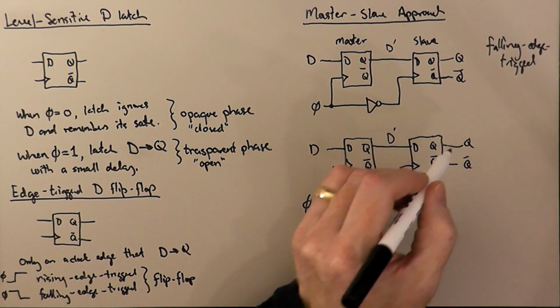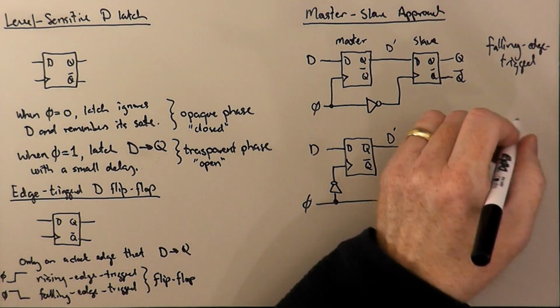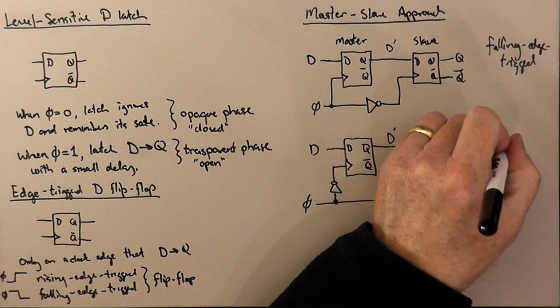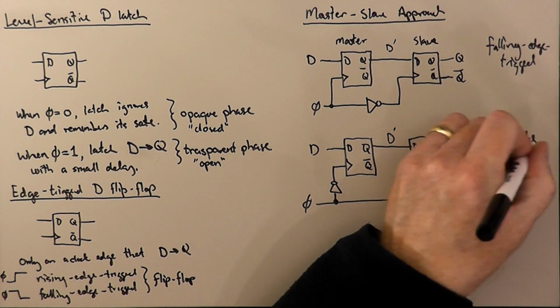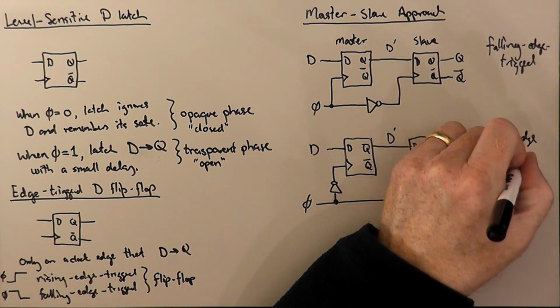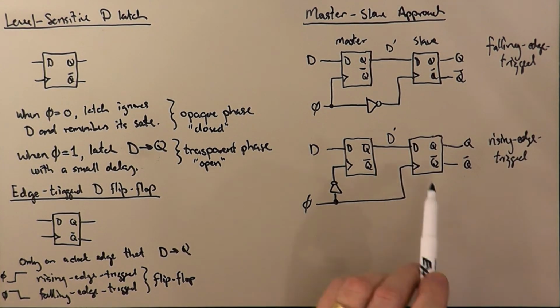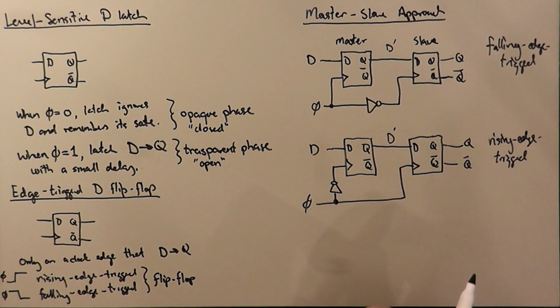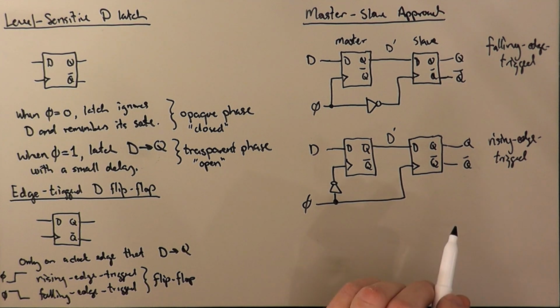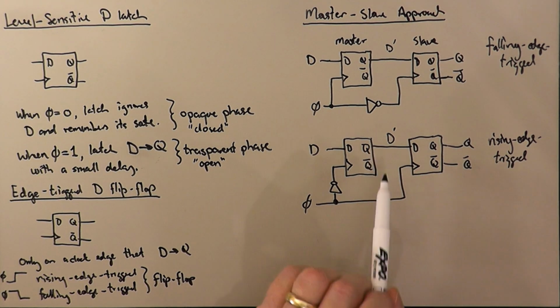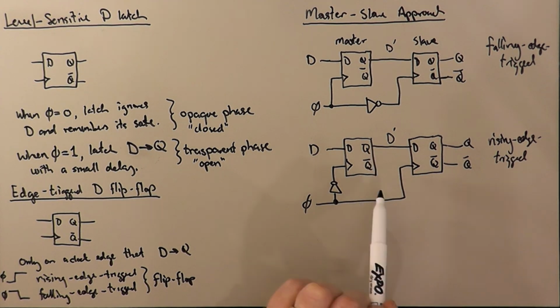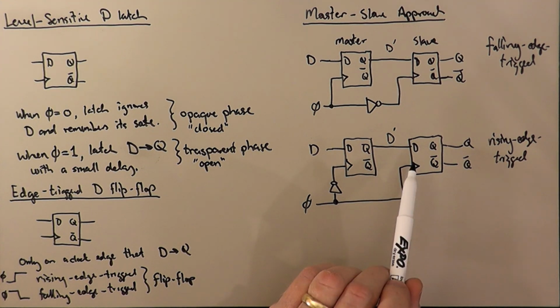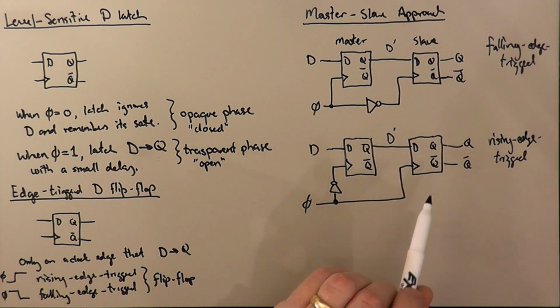And so it's at the rising edge of phi that D is going to be propagated to Q. And so basically from two transparent latches with a suitable clock inversion, we can actually make an edge-triggered flip-flop.